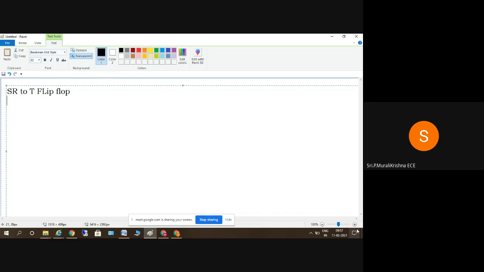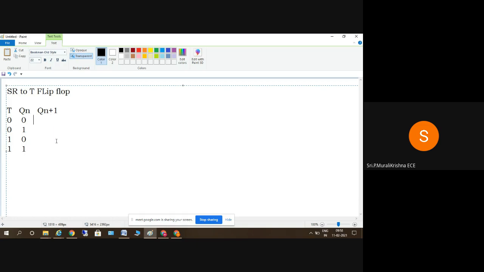So we need a truth table of the T flip-flop first. T, Q of n, Q of n plus 1. Okay. And what are the values here? So 0, 0, 0, 1. So 1, 0, 1, 1.